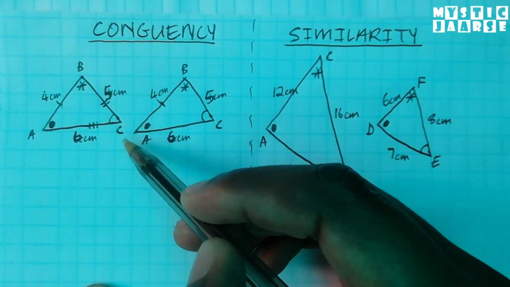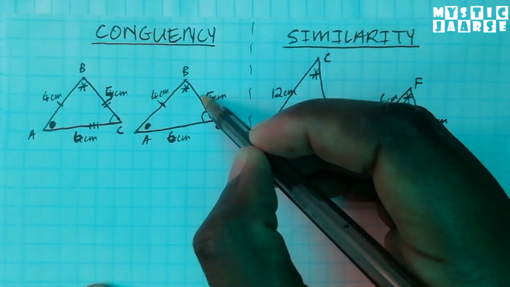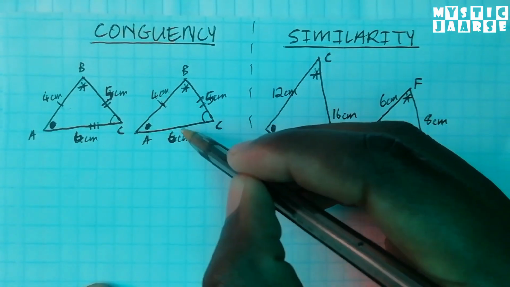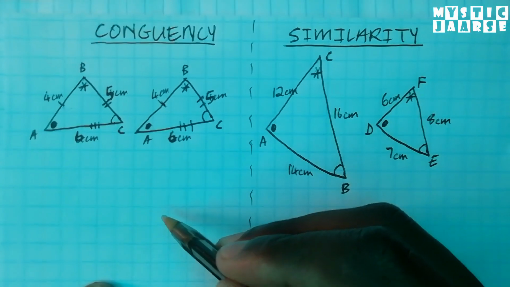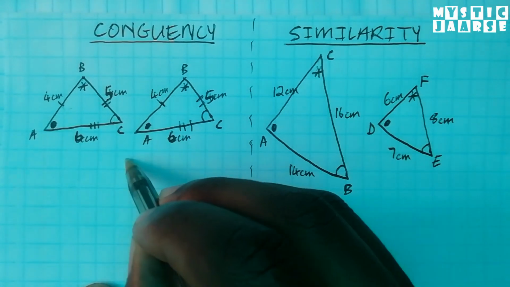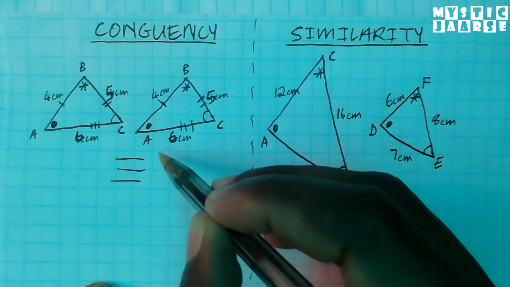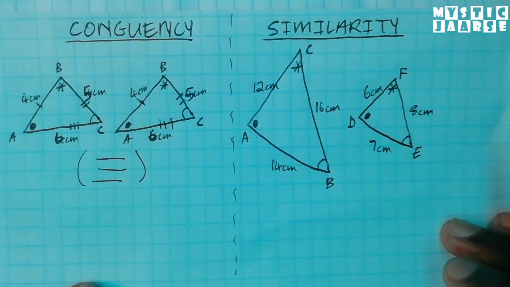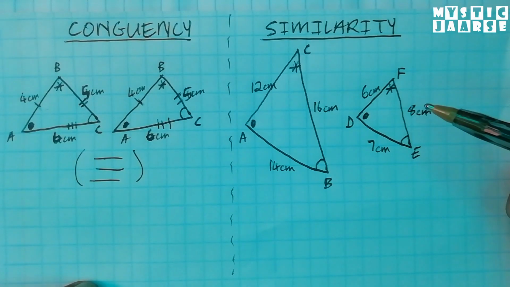This length BC is equal to this length of this triangle. This length AC is equal to this length of this triangle. So these two triangles are congruent to one another. We use this symbol. Now let's come to similarity.